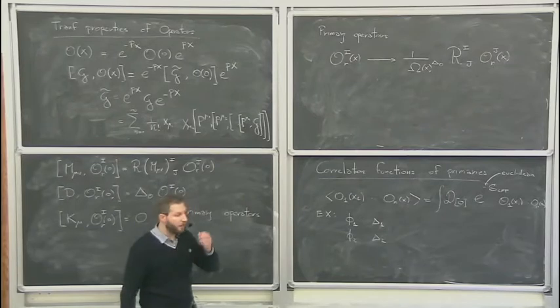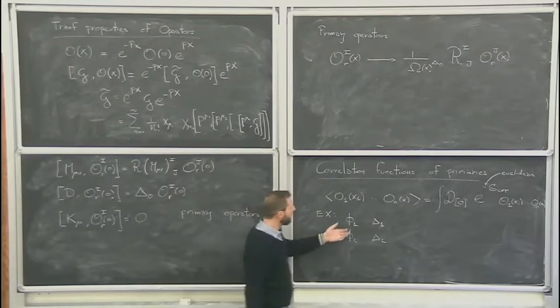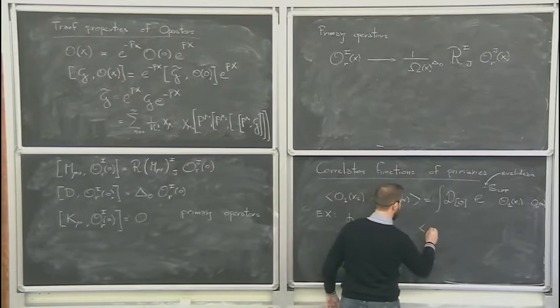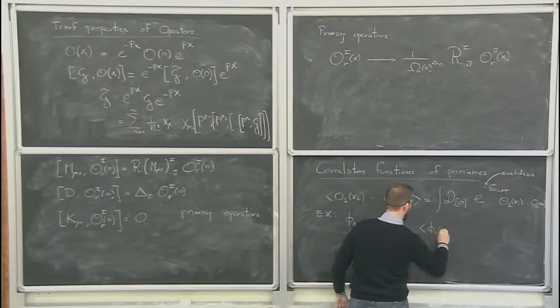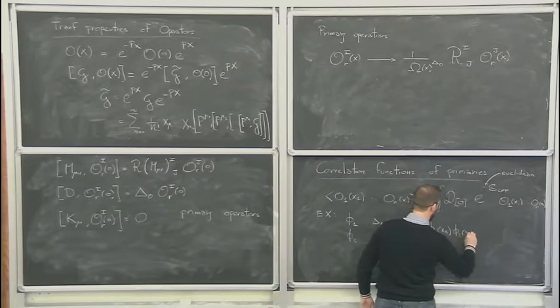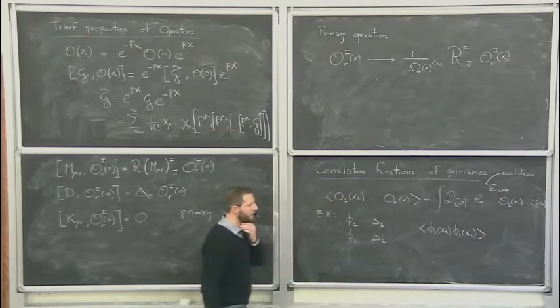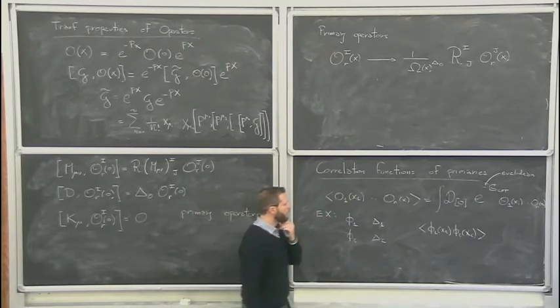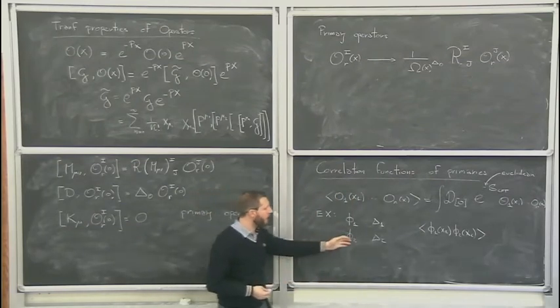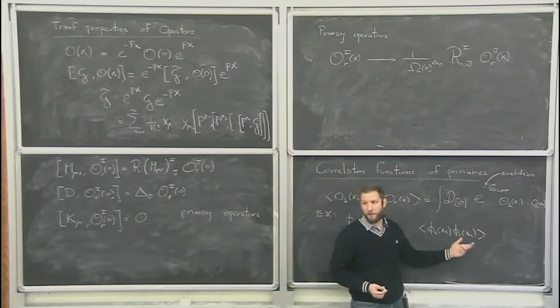And we can ask, what is the generic form of the correlation function phi1 of x1, phi2 of x2? Okay. So, of course, because of translation invariance, this object can only depend on the difference. This is clear.